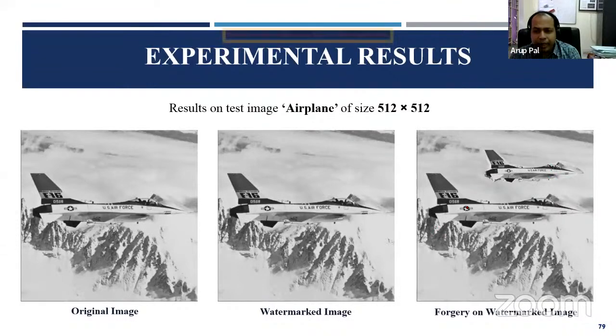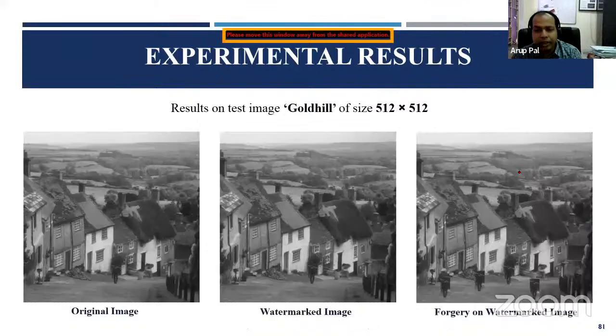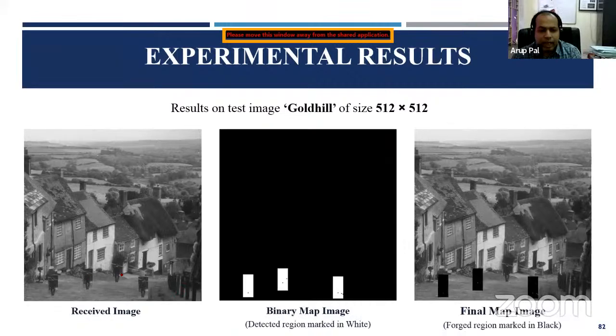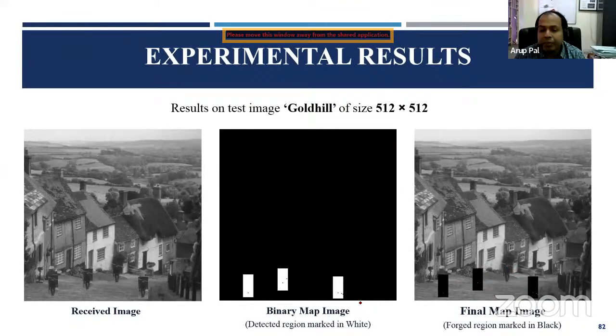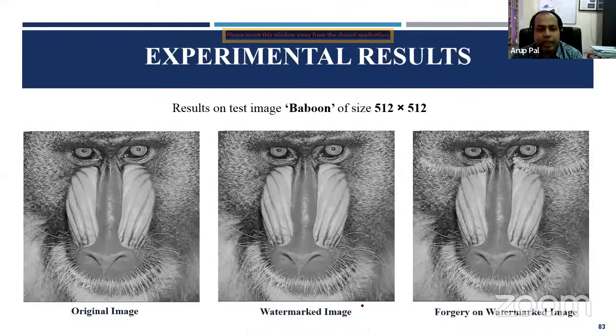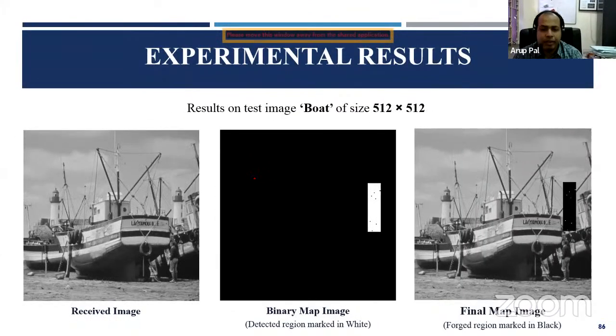We have taken this image, resized it and copied it in this region, and you can easily find out this is the region where the image is currently available. Here we have copied the image multiple times and placed it at this position, and you can effectively identify this region. And these are the changes we have made here, and you can effectively identify them in this image.